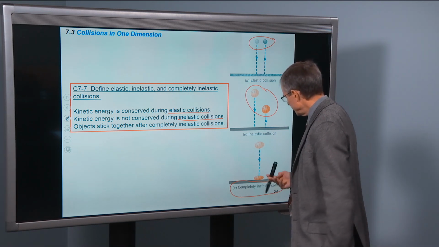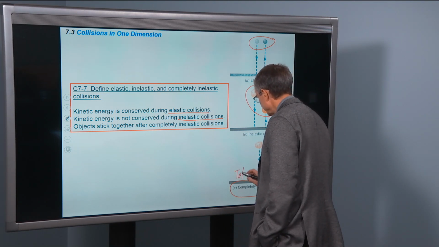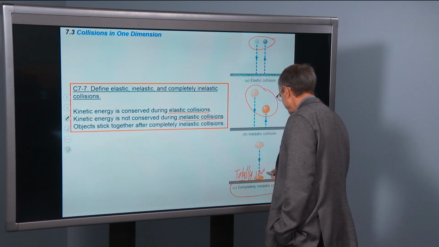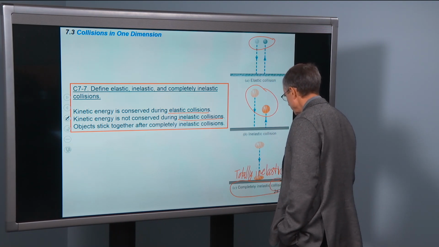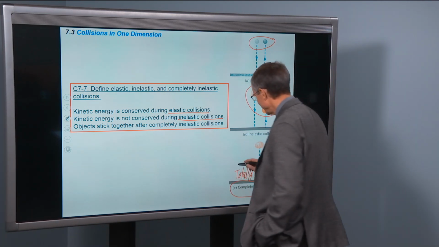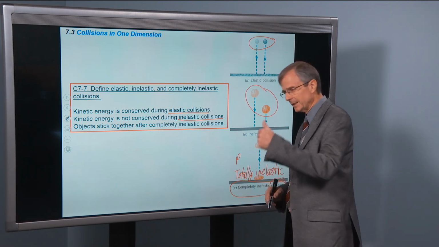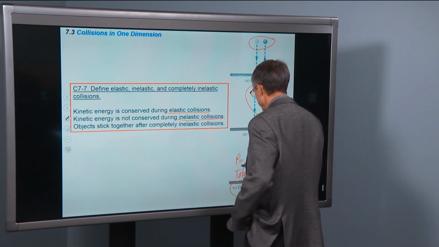That's called a completely inelastic collision, sometimes called a totally inelastic collision. And in some of my videos I called it a perfectly inelastic collision. It depends on which textbook you use, if they call it totally inelastic, perfectly inelastic, or completely inelastic.